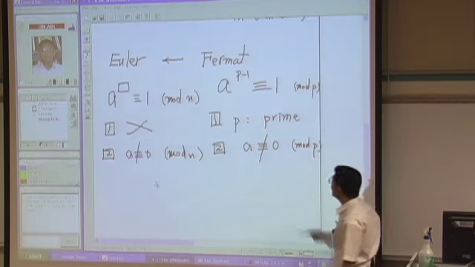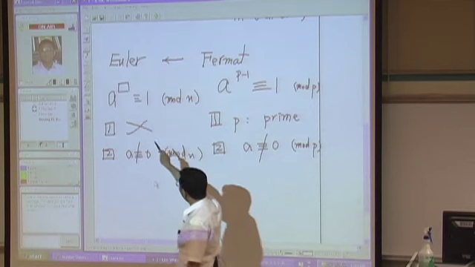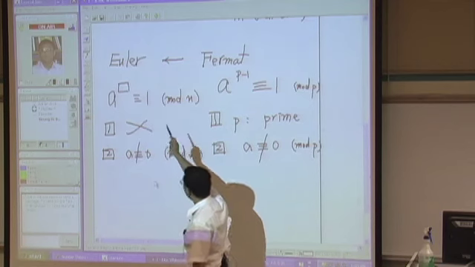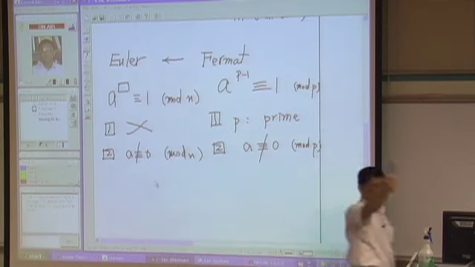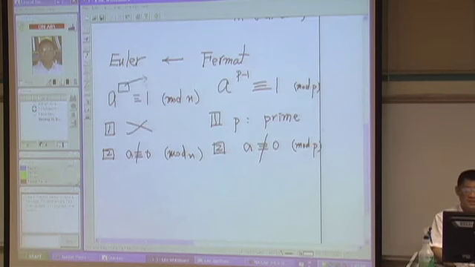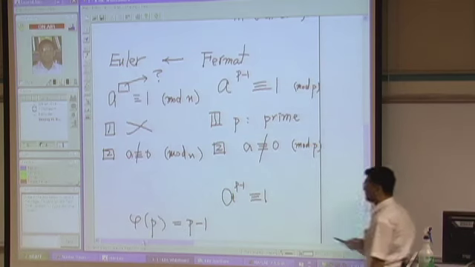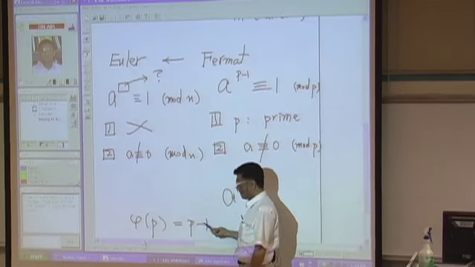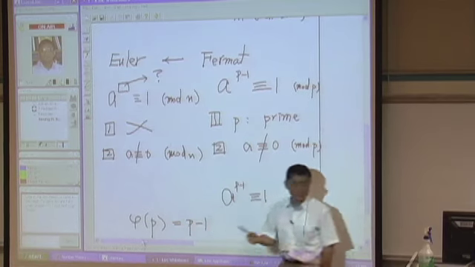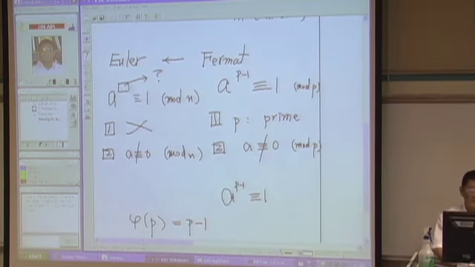Then it happens. Then the next question is this. What should be the power in the box? What should be this power? We had a to the power of p minus 1 is congruent to 1, where p is prime. But as you know, p minus 1 is nothing but phi of prime, right? Phi of p is p minus 1. Do you see? So what about phi of n?